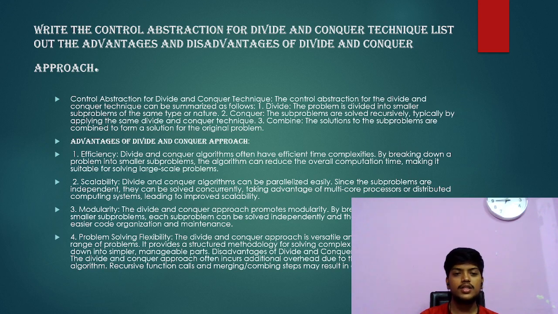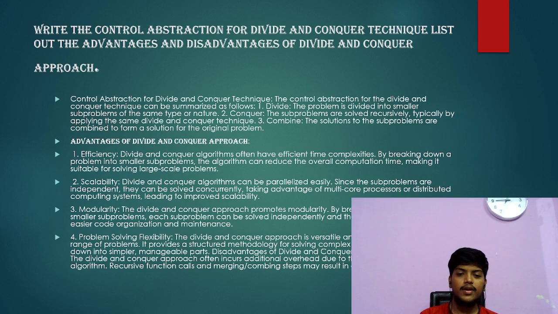In efficiency, divide and conquer algorithms have efficient time complexity; by breaking down a problem into smaller subproblems, they can reduce the overall computation time. Scalability: divide and conquer can be parallelized easily, taking advantage of multiple processors or distributed computing systems, leading to more scalability.